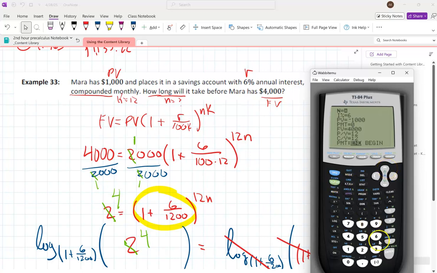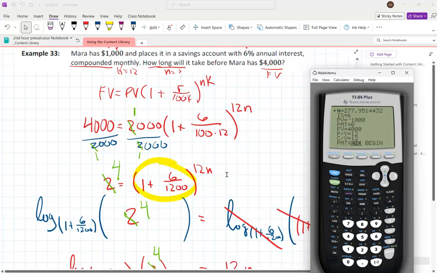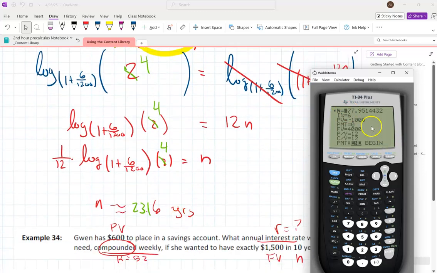And now if I look for the N, I get 277, but I have to remember to divide that by 12. And there's my 23.16. Why am I dividing it by 12?